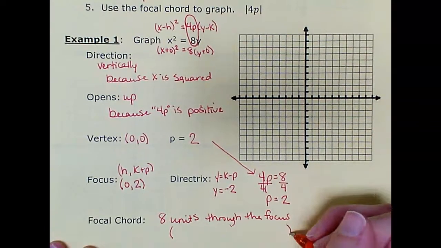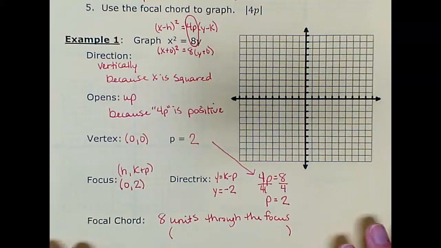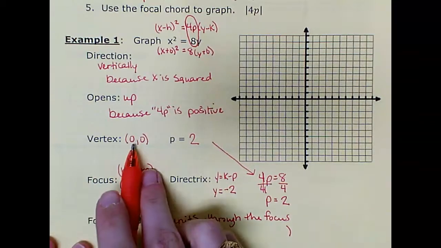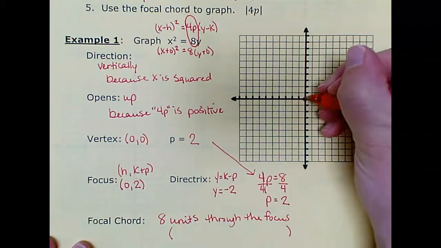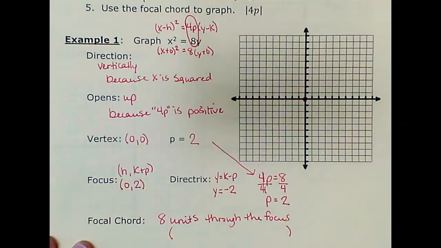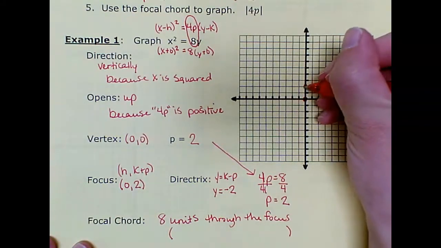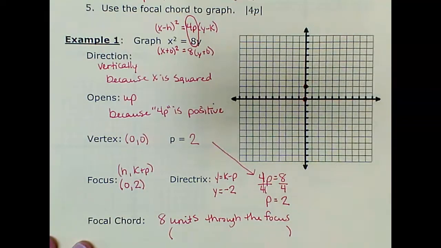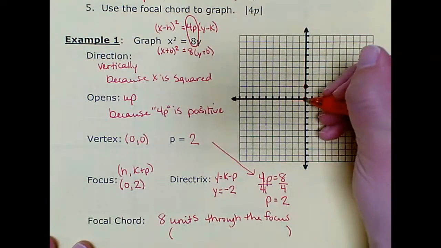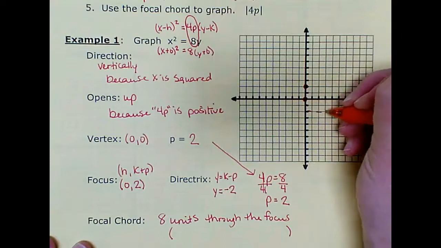And I'm going to have a little set of parentheses down here because we're going to use that in a second. So whenever I plot, I'm going to plot my vertex at the origin, 0, 0. I'm going to plot the focus at 0, 2. I'm going to plot the directrix at y equals negative 2. So y equals negative 2, that's this line right here.